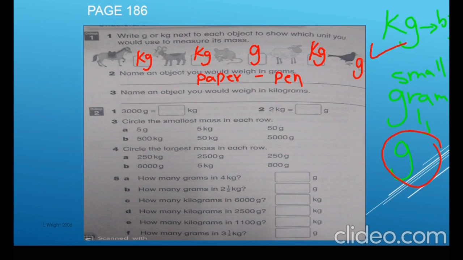Good. You can write as many examples as you want. Number 3, name an object you would weigh in kilogram. I think the first example will be you. So you can write me. This is the first one. Okay, what else? Any big object. So we can write cow. And what else? Dog. But it should be a big one.